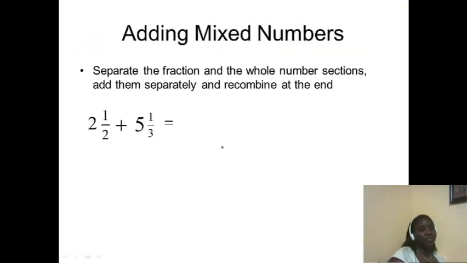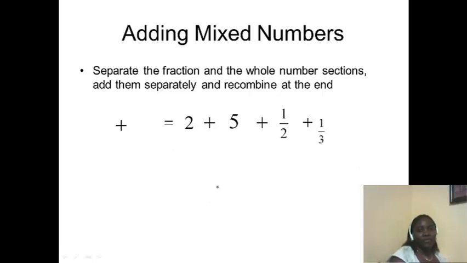Okay, so here for adding mixed numbers. Adding mixed numbers is not as complicated as we think. So here we split 2 and 5. And then we split the half. And then we just add them together. Now we know 2 and 3, those are prime numbers. We can just multiply them to get the LCM. The LCD in this case will be 6.